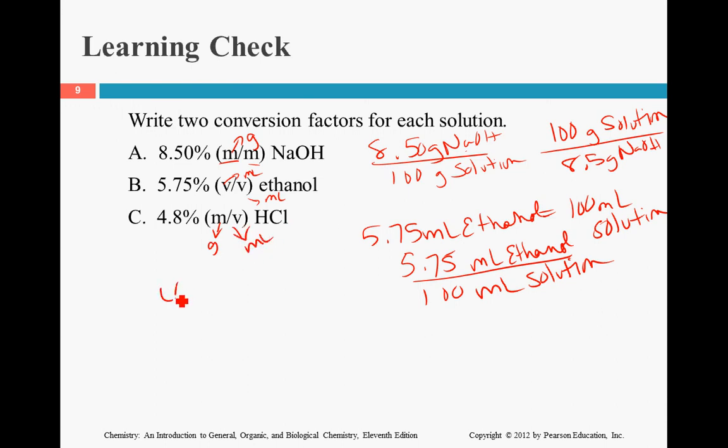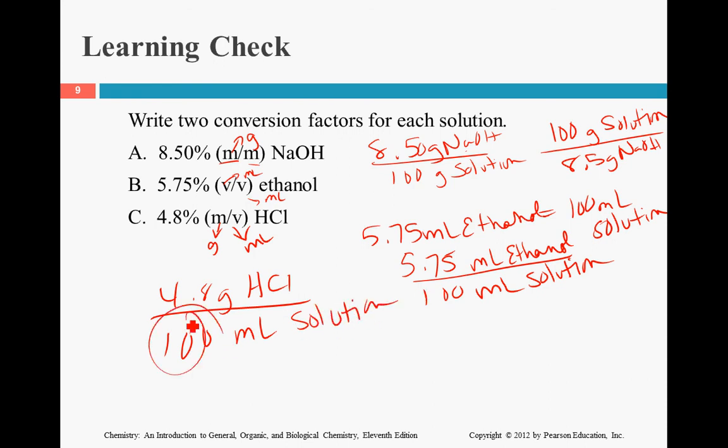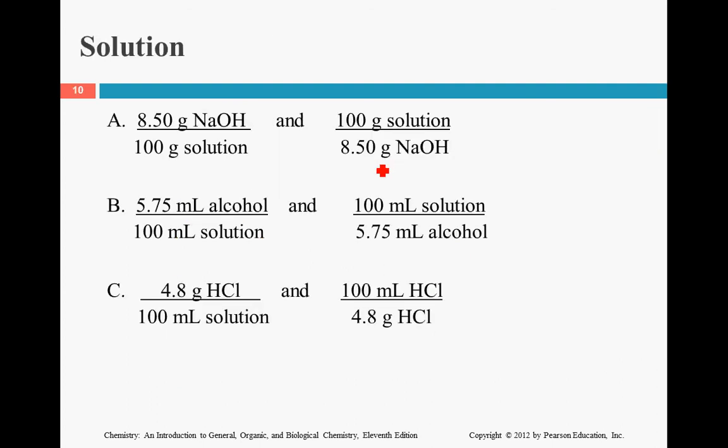That's saying for every 4.8 grams of HCl, we are going to be needing 100 milliliters of solution. Notice 100 is always on the bottom, or on the other side. There we go.